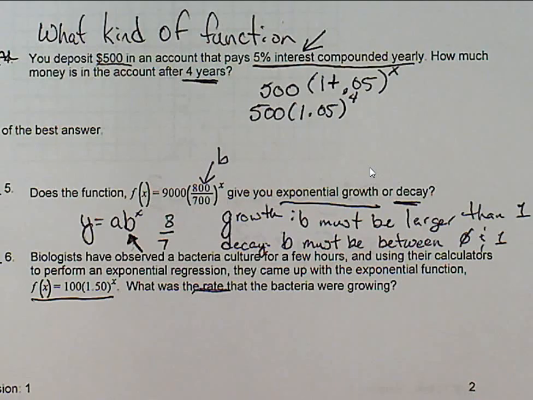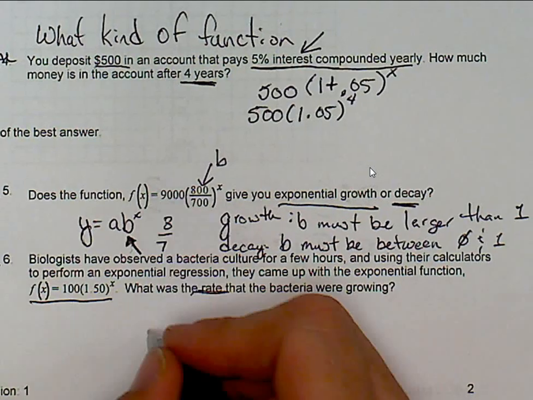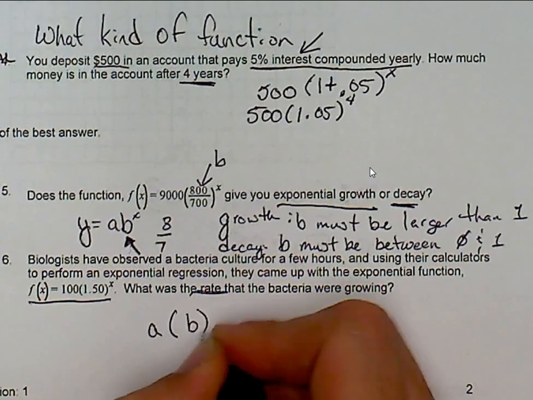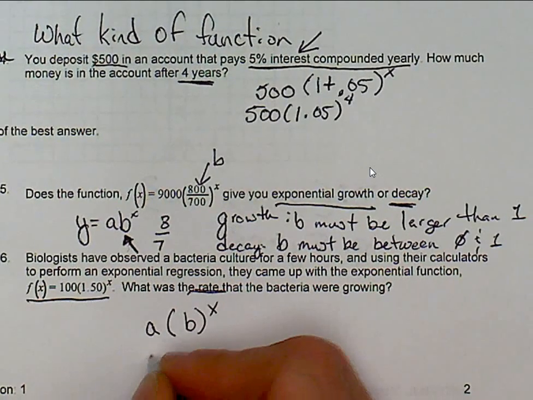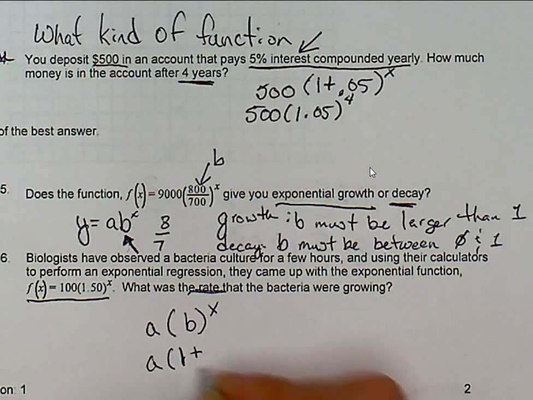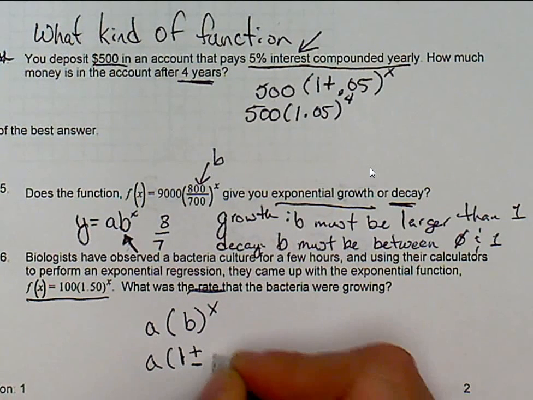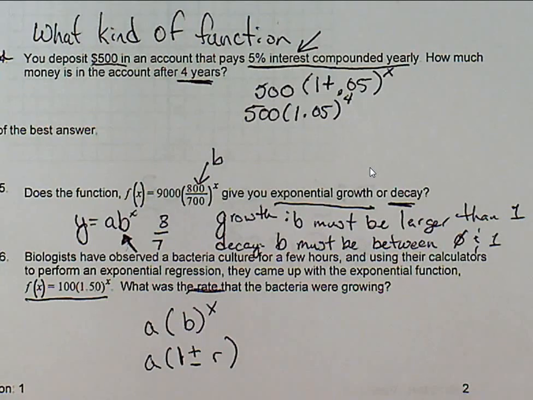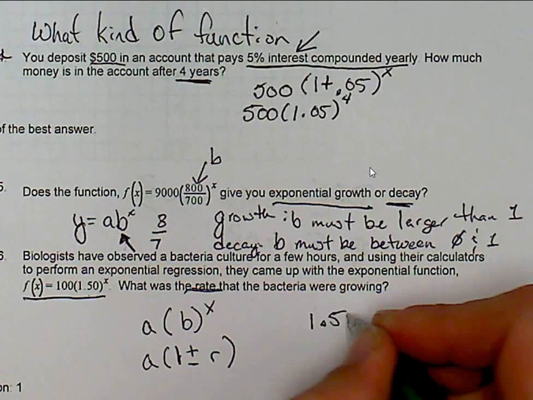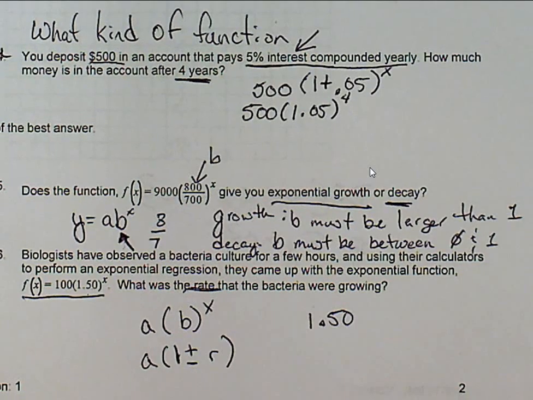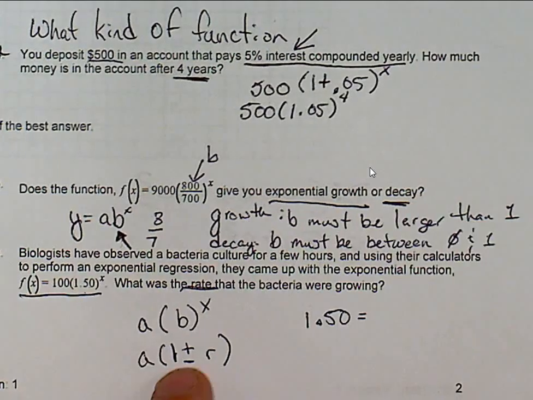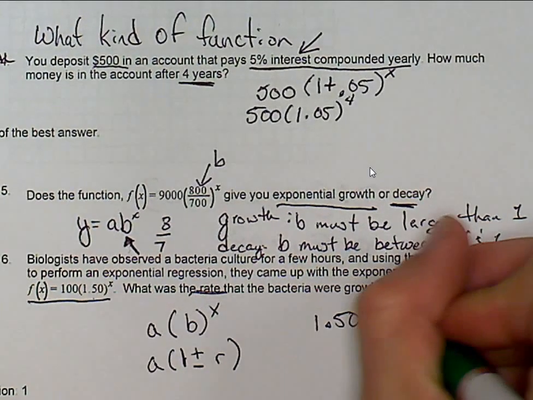We haven't really looked at something like this, but remember, it's a times b to the x, and b is either going to be 1 plus or 1 minus our rate, correct? Is this number, 1.5, bigger or smaller than 1? It's bigger. So I'm going to say that it's 1 plus the rate.